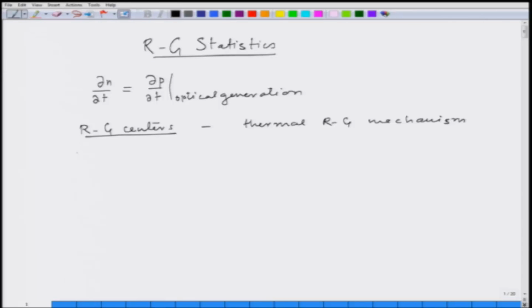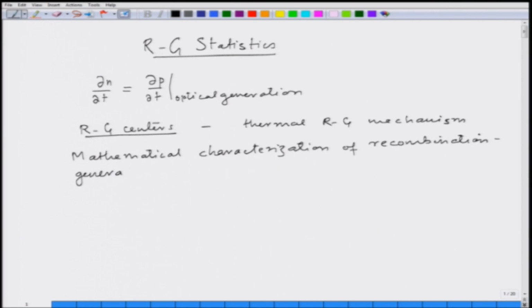Basically, we are looking at the mathematical characterization of the recombination generation process via R-G centers, which we have discussed in the earlier lectures.